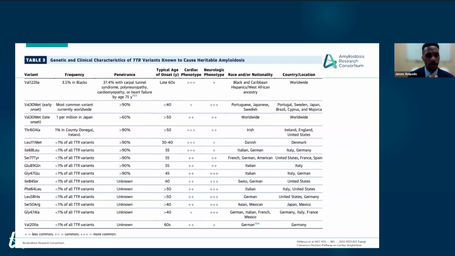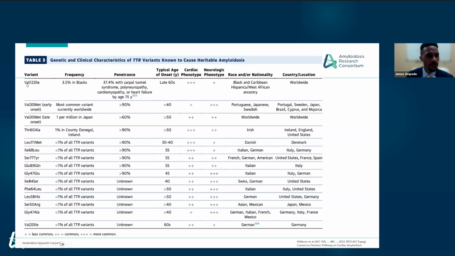So this is a table showing some common variants or mutations. I wanted to go over the most common in the United States, and that would be these first three, which you see here. These represent more than 70% of the variants in the United States.